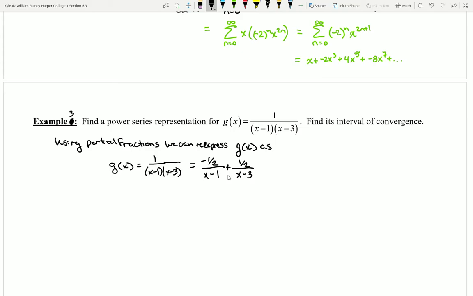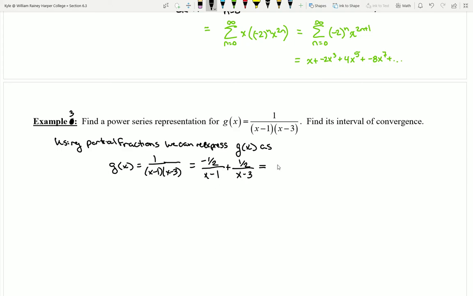The nice thing is that once I do this, you might notice something. What do you see about the shape of each individual fraction? Well, you might notice that they both seem to resemble the sum of a geometric series. So I'm going to do a little bit of work to get them fully there. On the bottom here, I'm going to have to reverse the order of the subtraction, which, of course, I can't just do and get something equivalent.